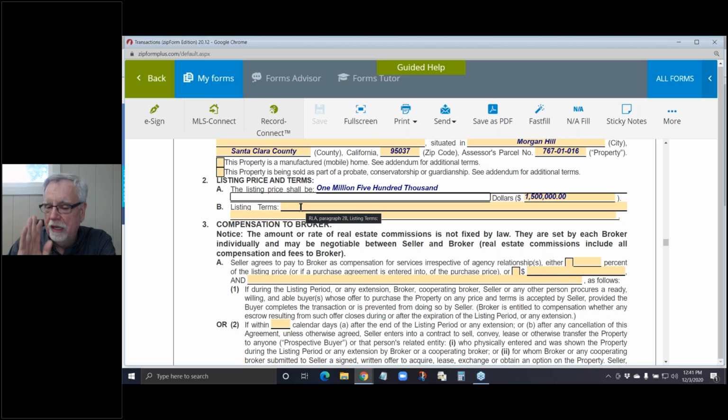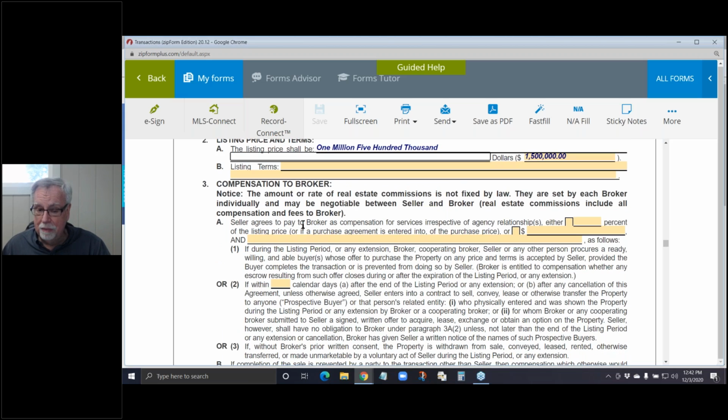But by the way, that still doesn't get you a commission. You'll find if you read the MLS regulations that if you're representing a buyer, making a full price offer does not mean you've earned a commission. It has to be accepted by the seller. So we're going to leave that blank because we don't have an automatic price reduction or something coming up.